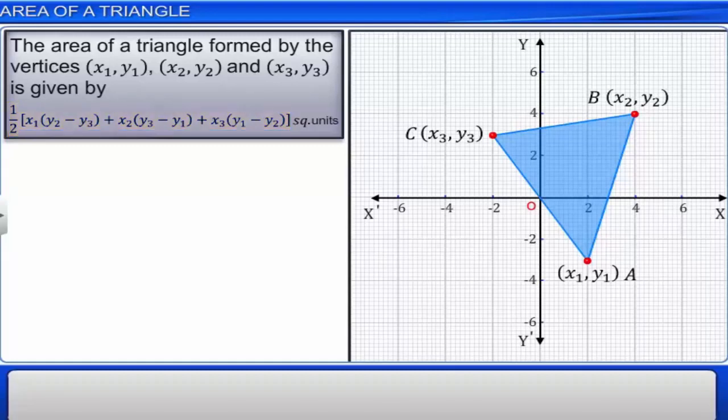Now, observe the expression inside the square bracket. Let's see if it can be expressed in the form of a determinant. Consider the determinant with the first column having the x-coordinates of the vertices of the given triangle, the second column having the y-coordinates of the vertices, and the third column having all ones.